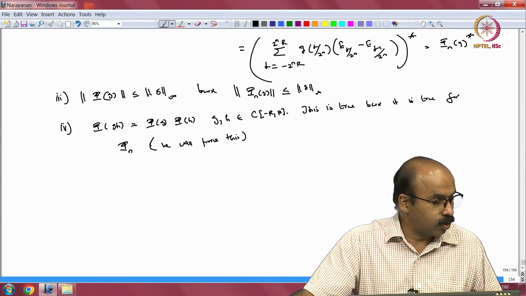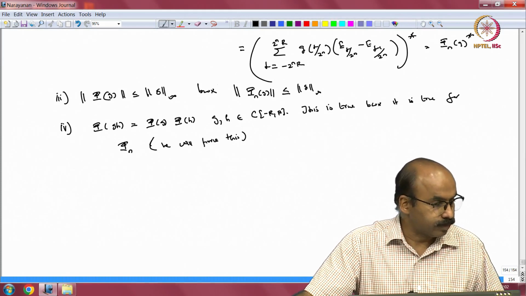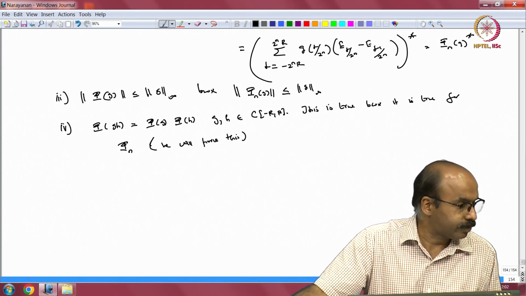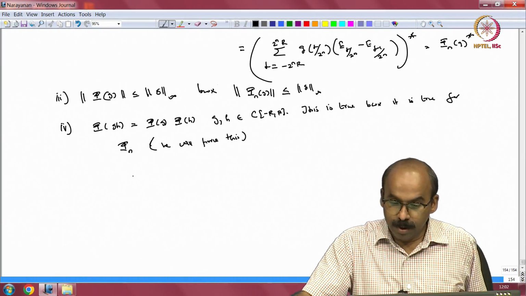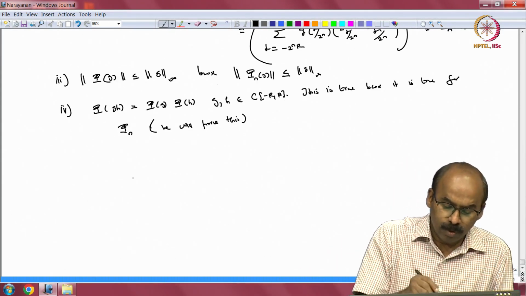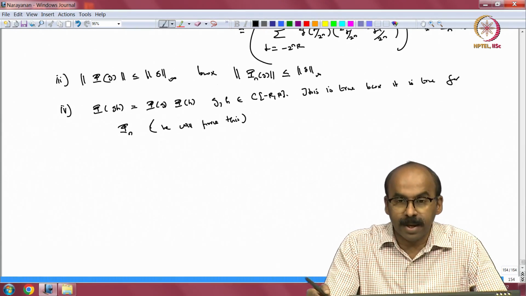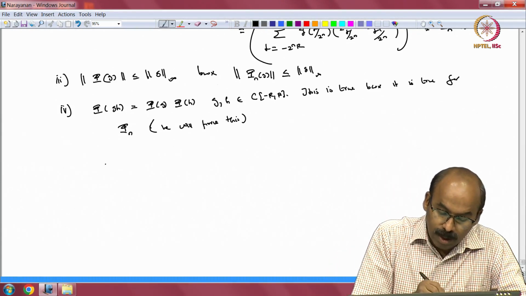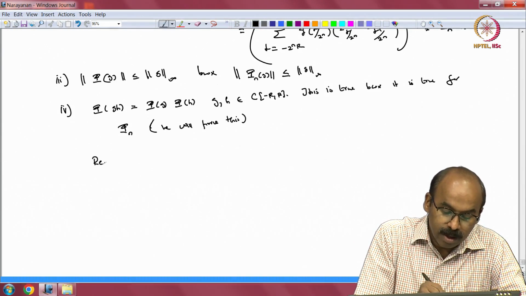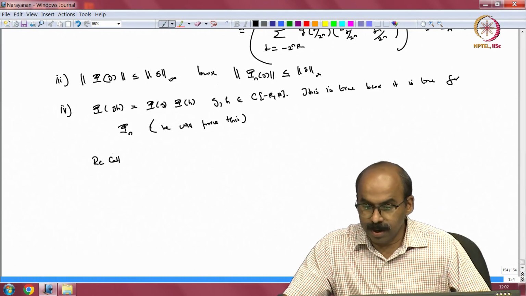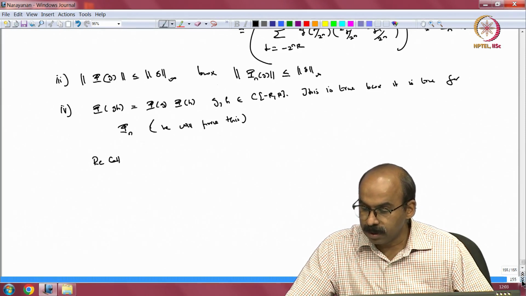So, let us see how to prove this. So, we need to show that at each nth level, right, phi n is multiplicative, okay.